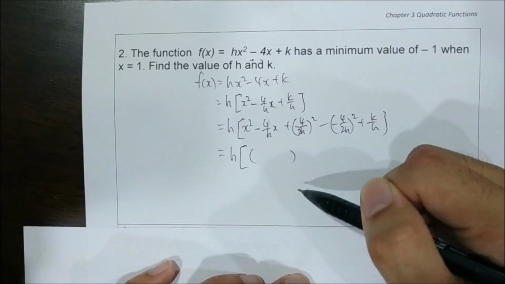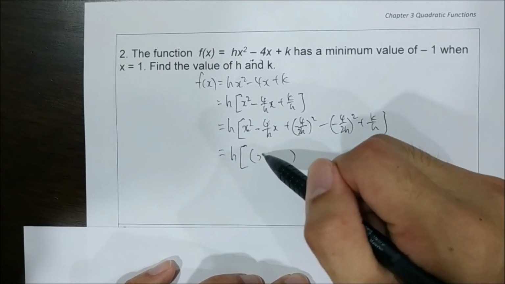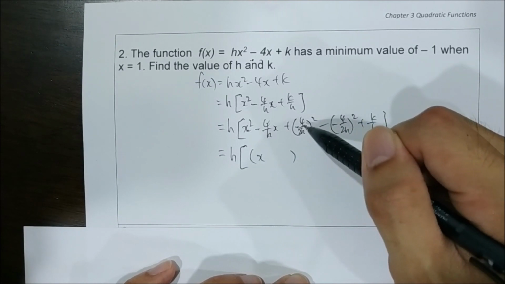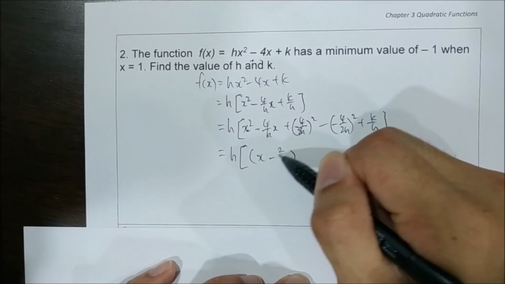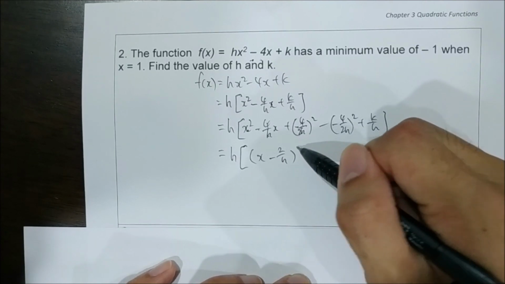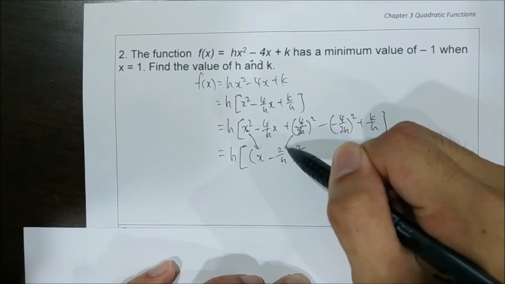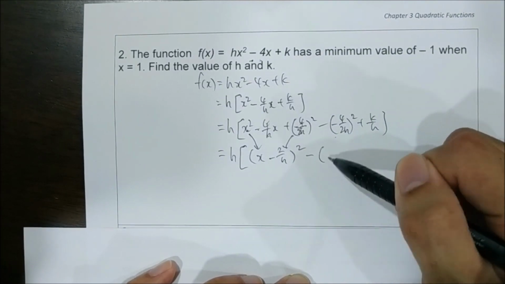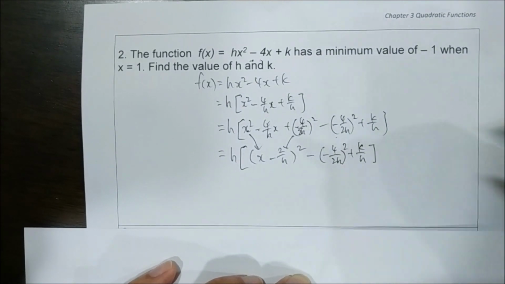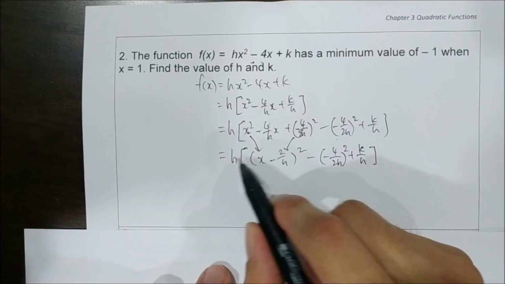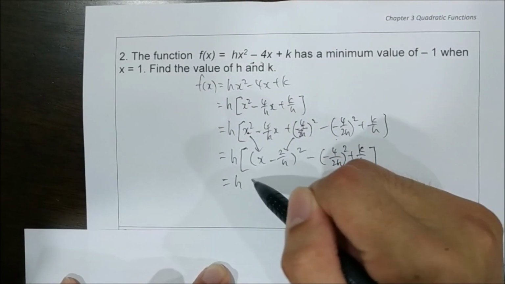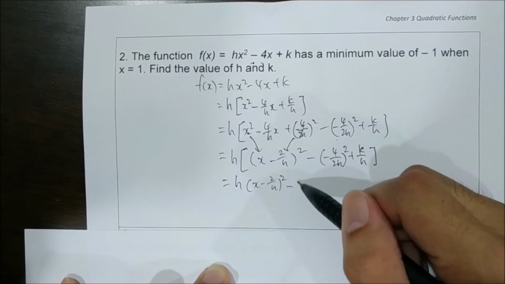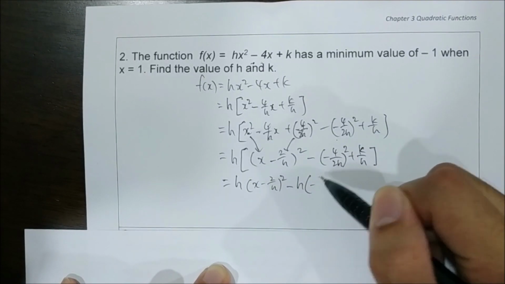I draw brackets, x, put it here. Negative 4 over 2 is actually negative 2, so it's negative 2 over h. So this whole thing is done. Now we left this. Then we multiply the h back, you get h(x minus 2 over h) squared minus h negative.